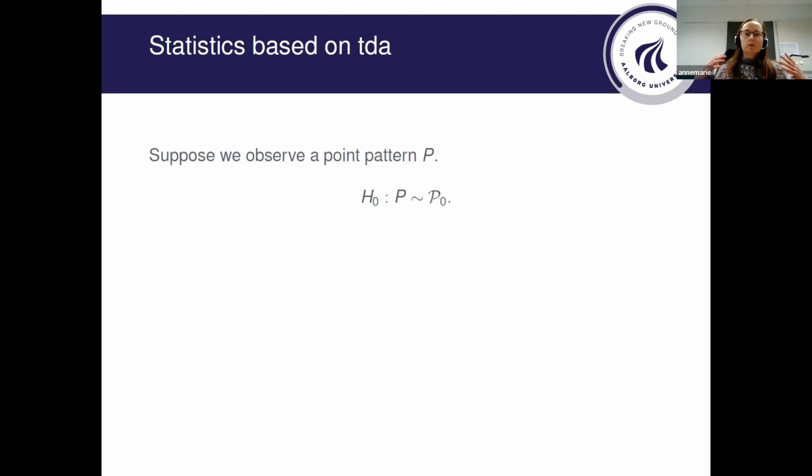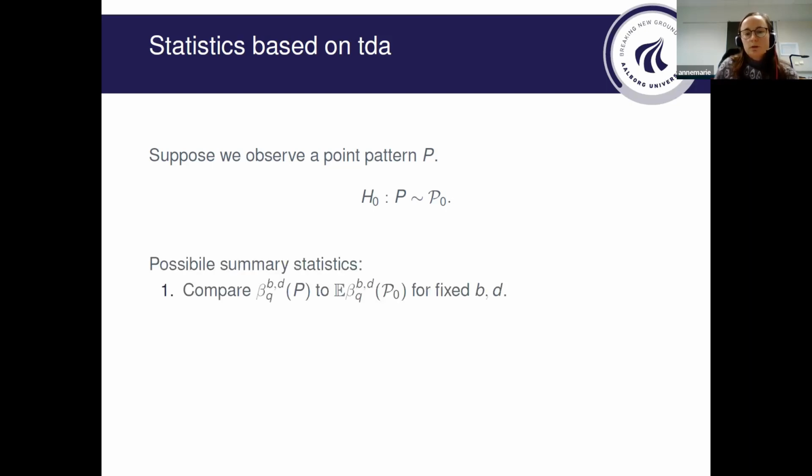Okay, so assume we want to do some statistics using topological data analysis. And we have observed this point pattern P. And then we might be interested in the null hypothesis that this point pattern comes from a certain point process model. So this could be one of the three models I showed you in the beginning.